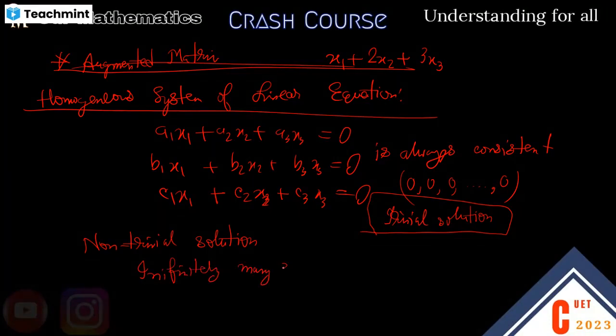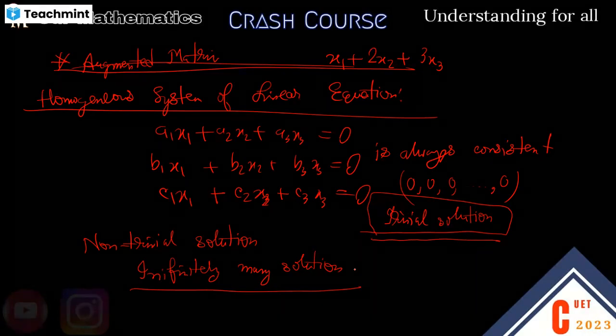I'm basically trying to say that a homogeneous system either has one solution or infinitely many solutions. Remember that for a homogeneous system, either one unique solution, that is the trivial solution, or infinitely many solutions.